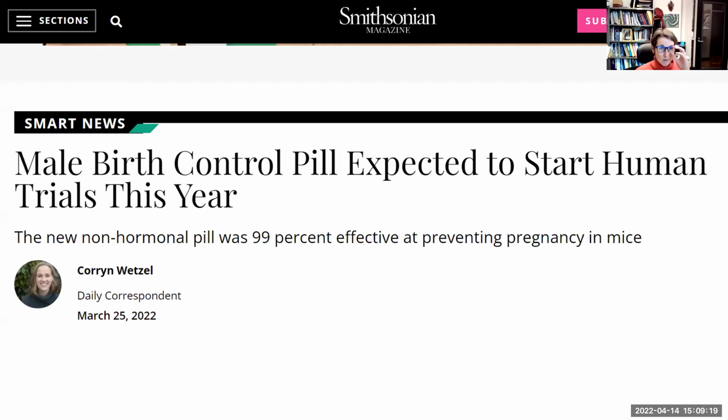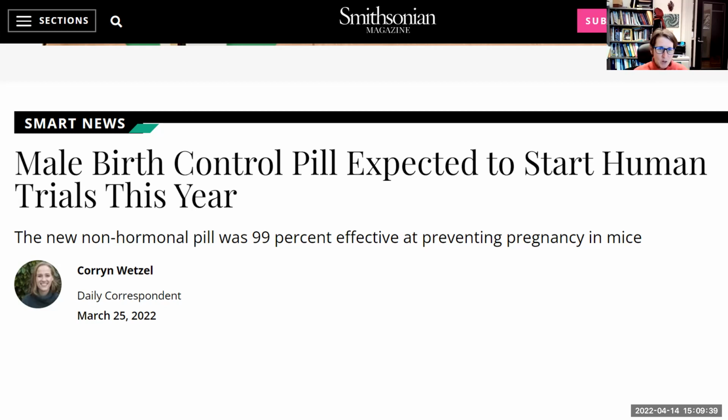Male birth control. These are still in research, but there are quite a few lines of research for male physiological birth control, which has not been available to men or couples so far.